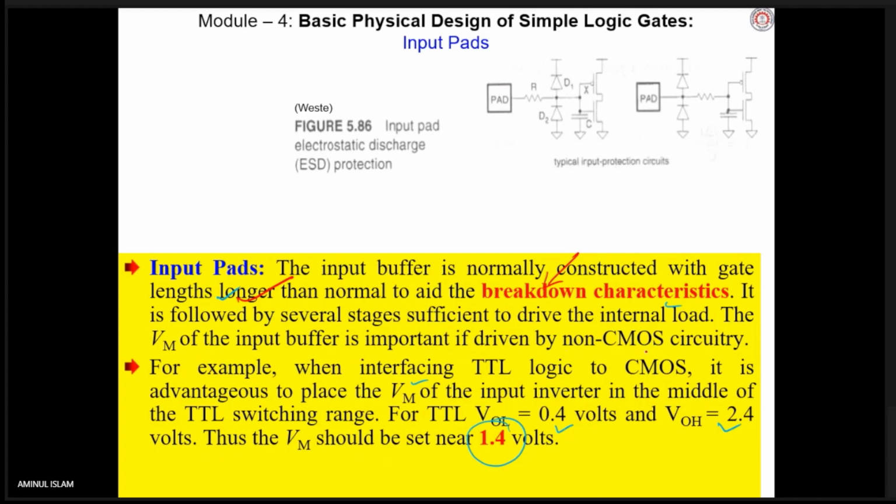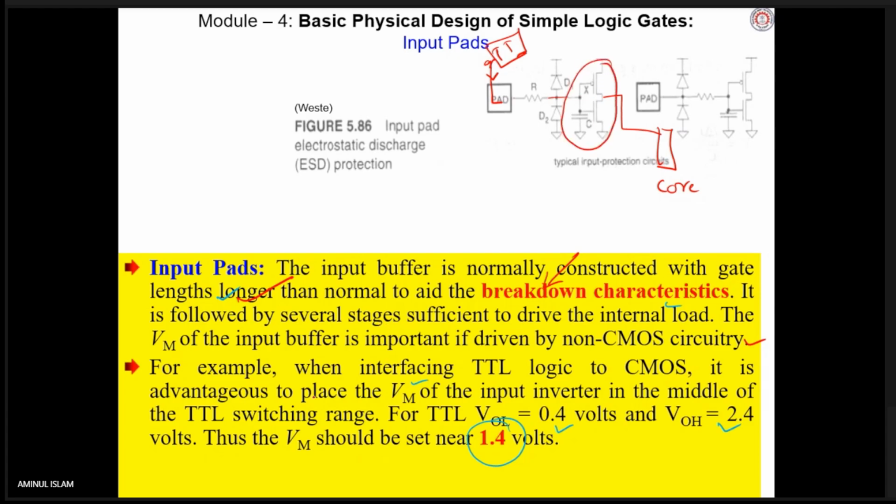If driven by non-CMOS circuitry, suppose from here some non-CMOS or TTL circuit is going to send the voltage signal through to this internal chip core, the VM of this is important.